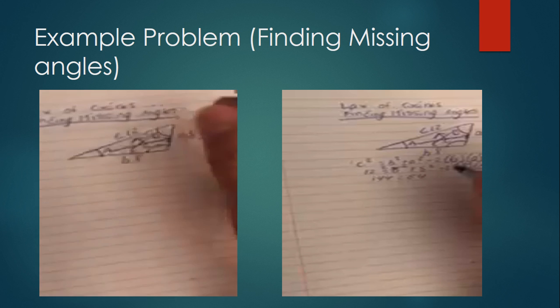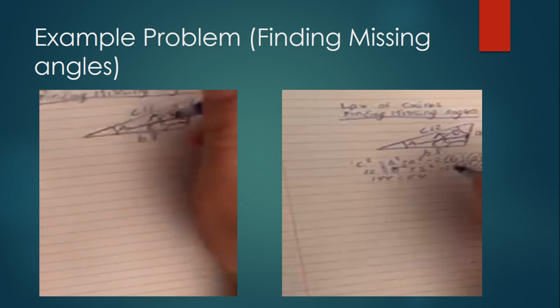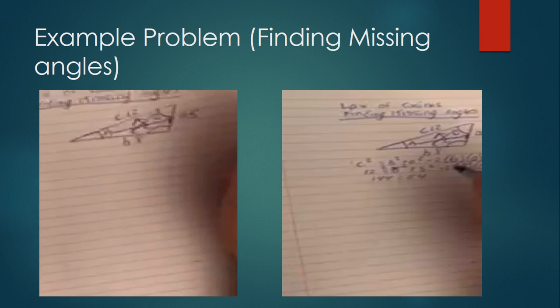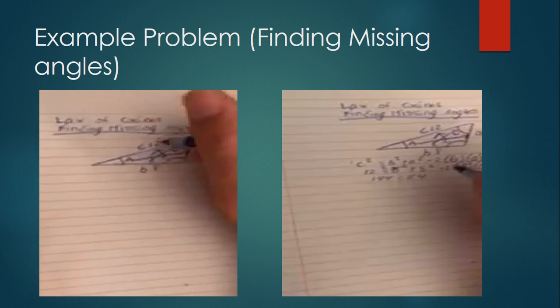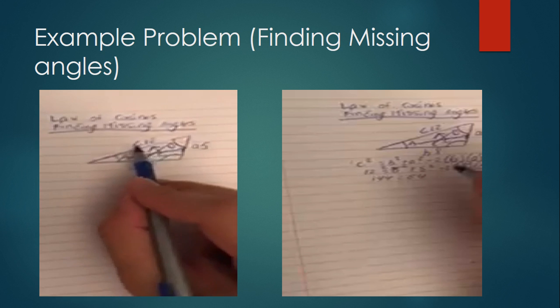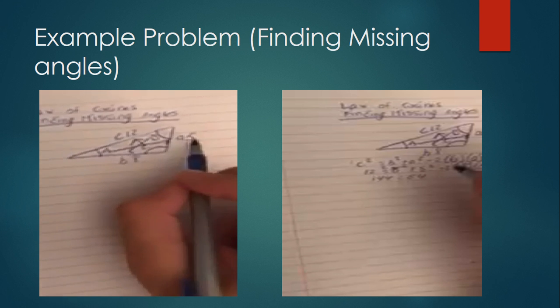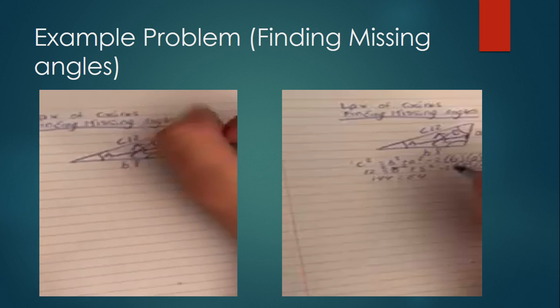The most helpful thing here would be to find the biggest angle, and that correlates to whichever side is the longest. Since side C is 12, which is the longest in comparison to 5 and 8, we're going to be finding angle C.